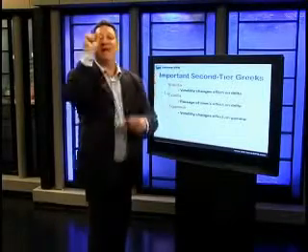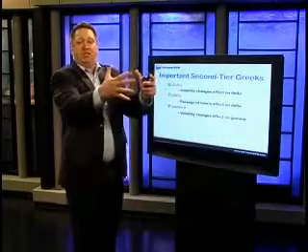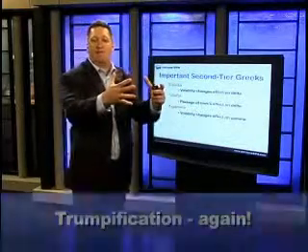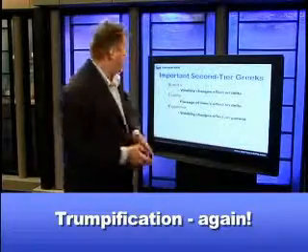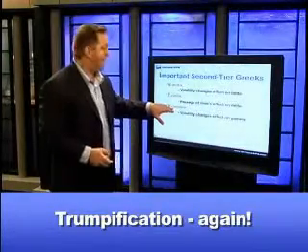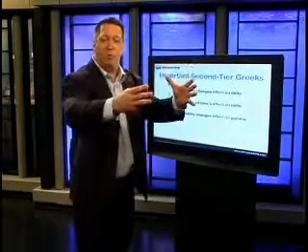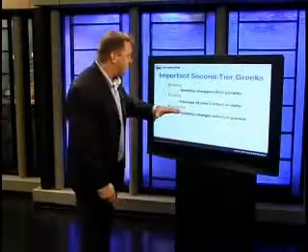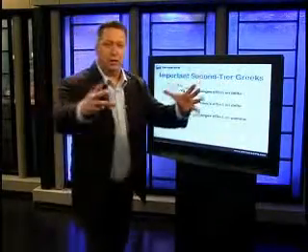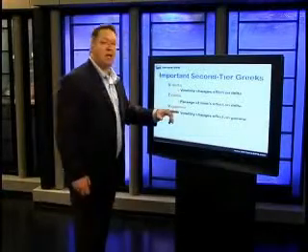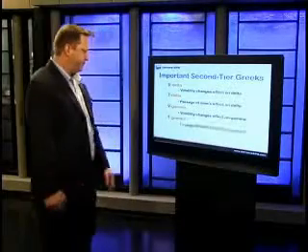Movement in the stock doesn't now affect the deltas as much because they're all crunched together. All these different options are all the same delta. We saw that crunch, Trumpification. What happens is because volatility is so high, the stock moves, the deltas don't move much. And if the delta's not moving, what happens to gamma? It decreases. Increases in volatility decrease our gamma.